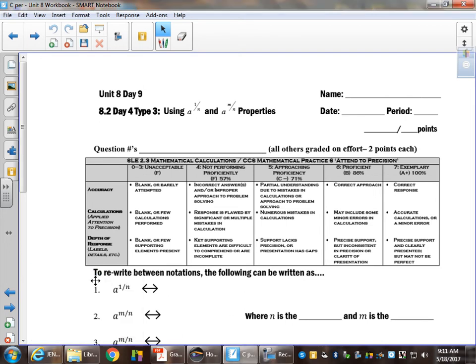So today we are starting off class with people checking their answers for the type 3 with a neighbor.